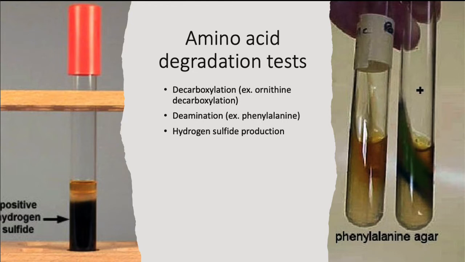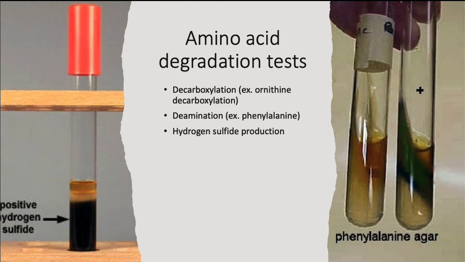Then we have the hydrogen sulfide production test. There are a couple of amino acids that have sulfur in them. When that sulfur is removed, you get the production of hydrogen sulfide, which is a gas, H2S. Now, hydrogen sulfide is a very stinky gas, but if you just let it go, it will go.